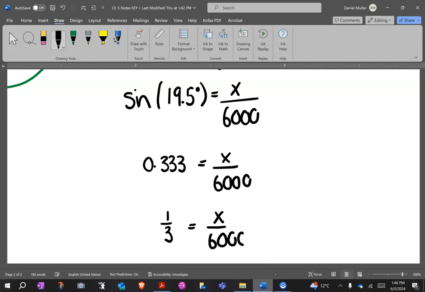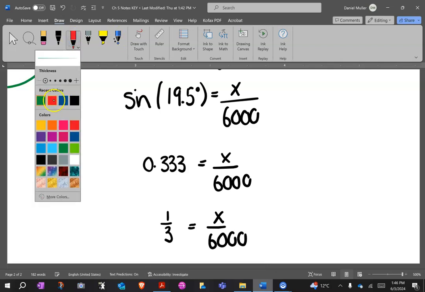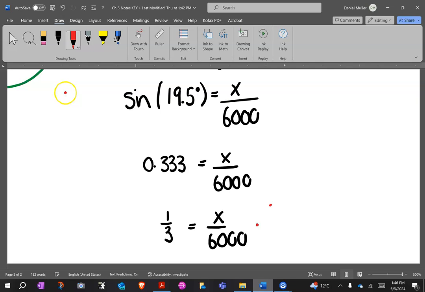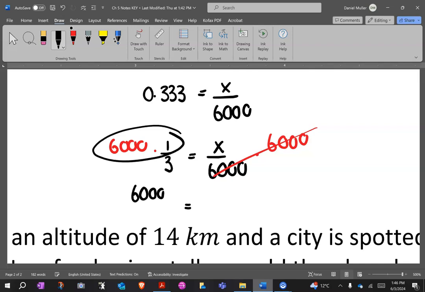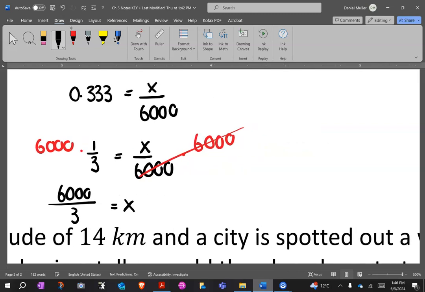Now I'm trying to get this x alone, so I'm going to get rid of this divide by 6,000 by multiplying, doing the opposite. And so that'll cancel on this side. So now I'm doing a third of 6,000. Or you could think about it as 6,000 times 1, that's 6,000, and then 3 times 1, so 6,000 over 3, which is how you end up getting 2,000.